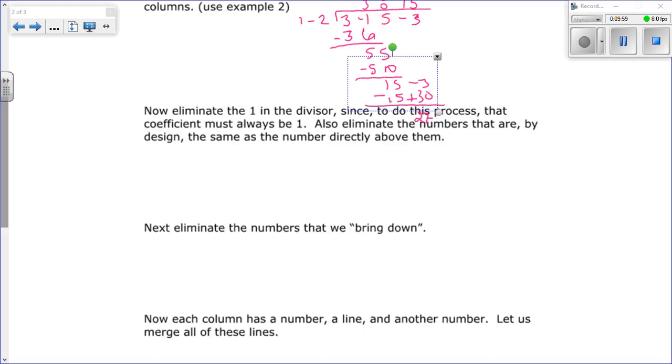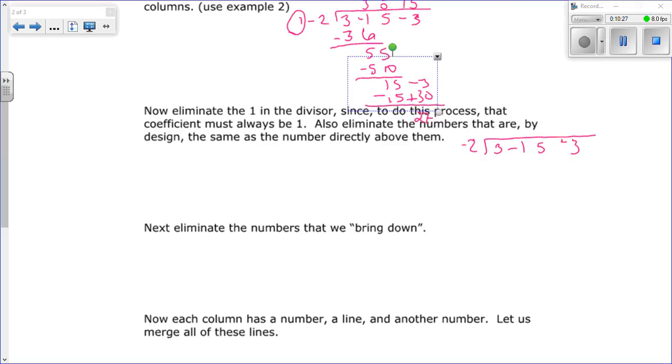So we're going to get rid of the 1. I'm going to write it off to the side so I have enough room: a negative 2 on the outside, because we're getting rid of this 1 in the beginning. And I'm going to keep my 3, my negative 1, my 5, and my negative 3.